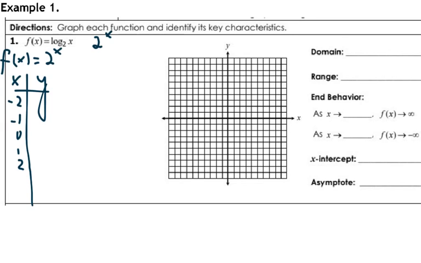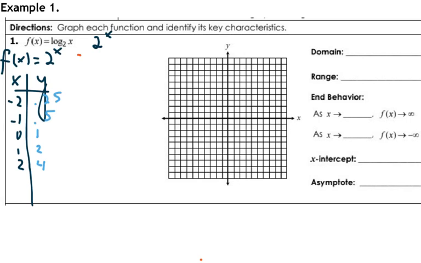So right here, for my y values, 2 raised to the power of -2 is 1 over 4 or 0.25. 2 to the power of -1 is 1/2 or 0.5. 2 to the power of 0 is 1. 2 to the power of 1 is 2, and 2 squared is 4.